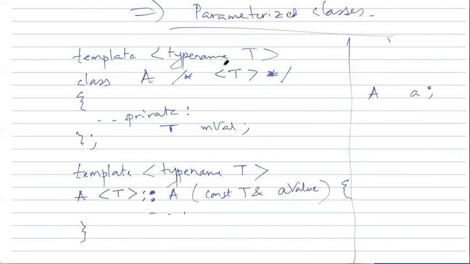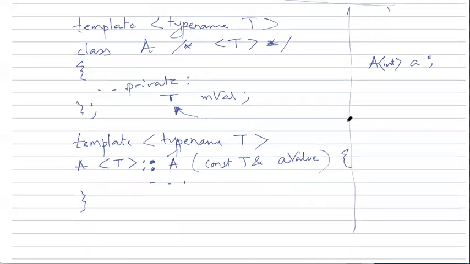But here, because we have a template parameter, therefore you need to have a template argument. So you have to say A<int>, right? So the moment you put A<int>, that means wherever there is T, that gets substituted with int. So you're able to generalize your class in this way.